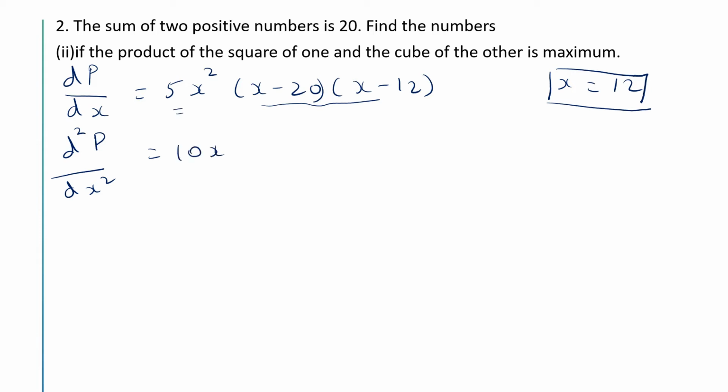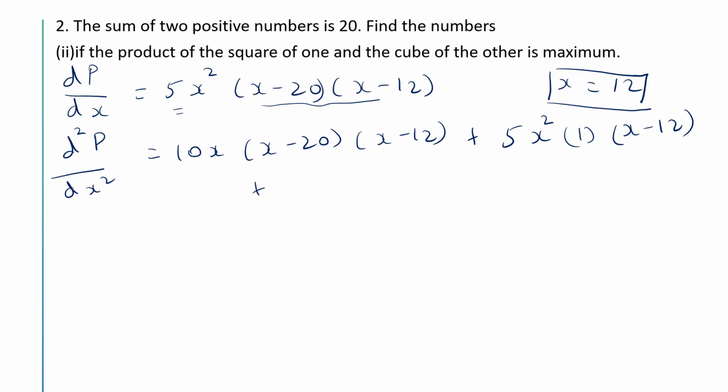So it is 10x into x minus 20 into x minus 12, and then keeping 5x square into x minus 12 as a single function and differentiating x minus 20. So we get 5x square into 1 into x minus 12 plus, keeping 5x square into x minus 20 as a single function and differentiating x minus 12.